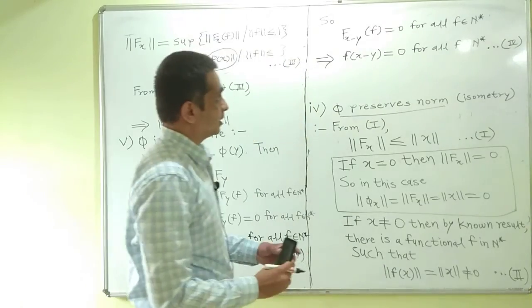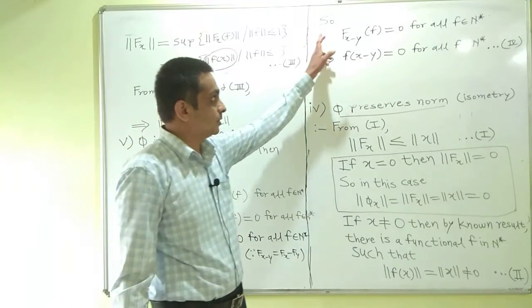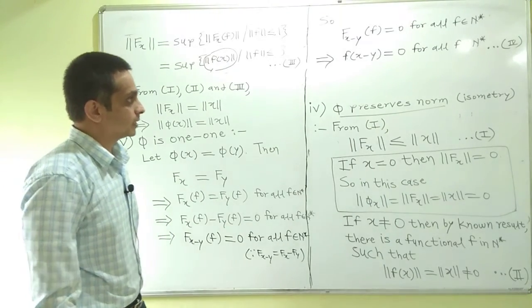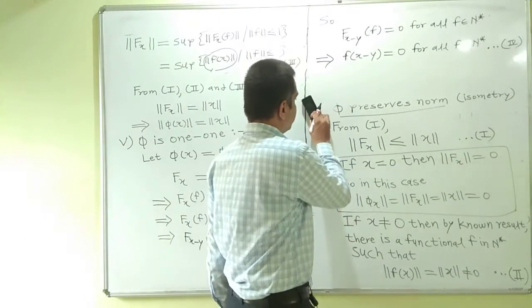For further clarification, I have further simplified it. So f of x minus y is equal to 0 for all f belongs to n star.